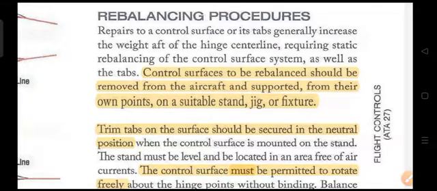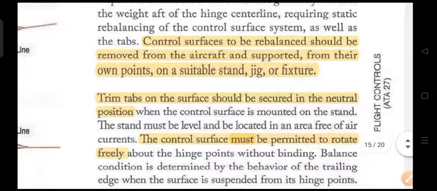Rebalancing procedures are what? Control surfaces to be rebalanced should be removed from the aircraft and supported from their own points on a suitable stand, jig or fixture. Okay, trim tabs on the surface should be secured in the neutral position. The control surface must be permitted to rotate freely.